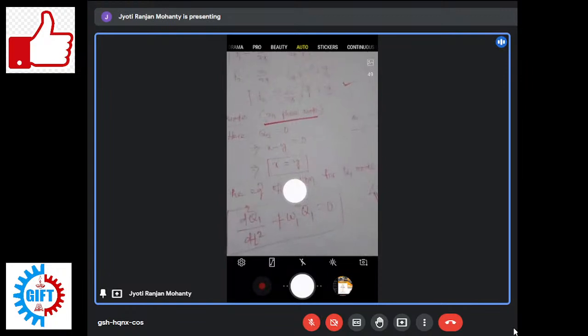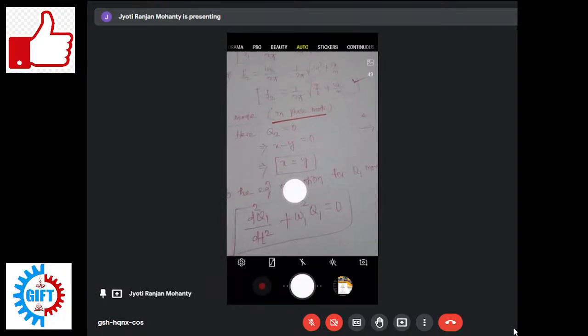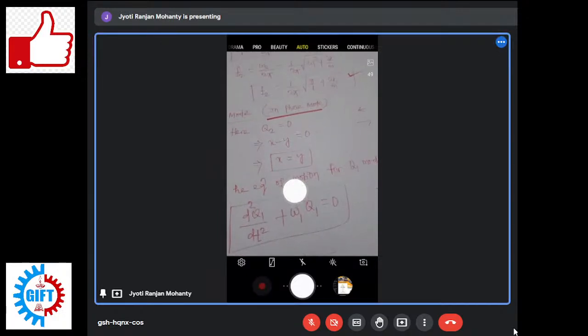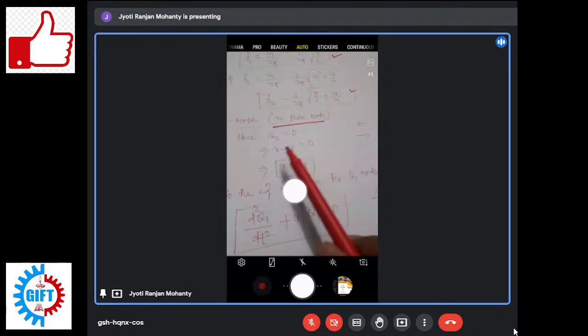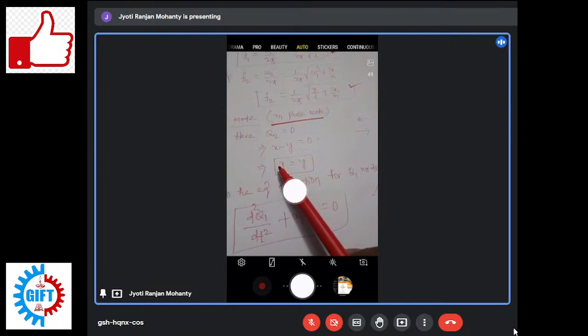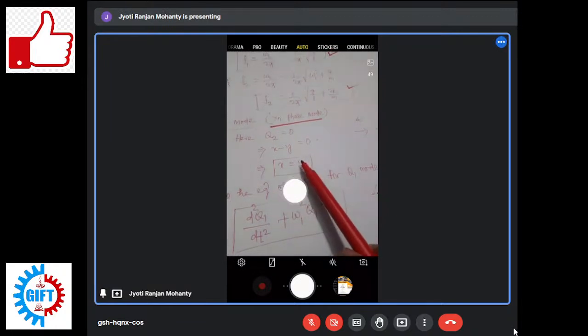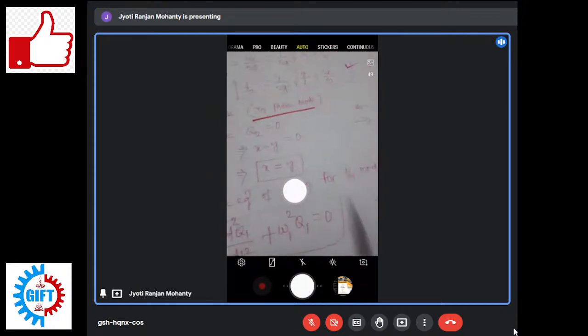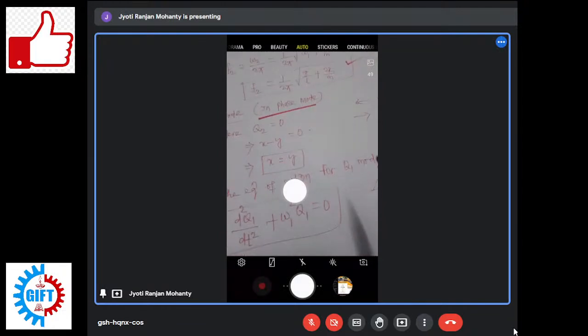The displacement of the first bob is equal to the displacement of the second bob. Yes, very good. So x means the displacement of pendulum A, y the displacement of pendulum B. Both are equal. Okay, understood?